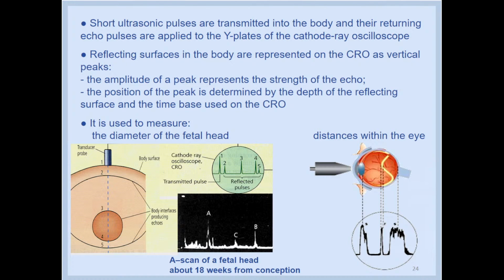The A scans are also extremely beneficial in cataract surgery, as they enable the ophthalmologist to measure distances within the eye, and in particular to determine the power of the intraocular lens needed for the artificial implant.